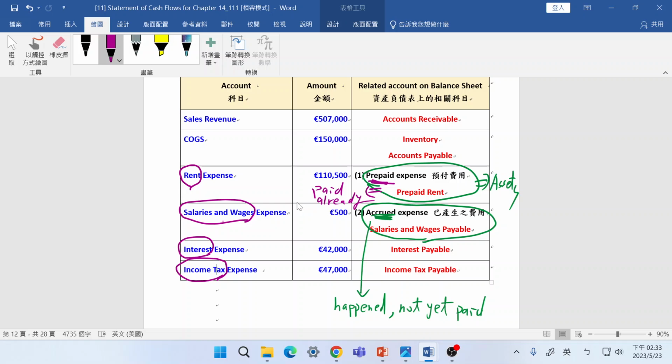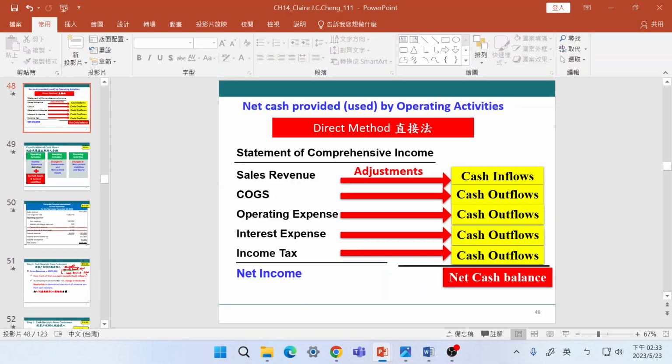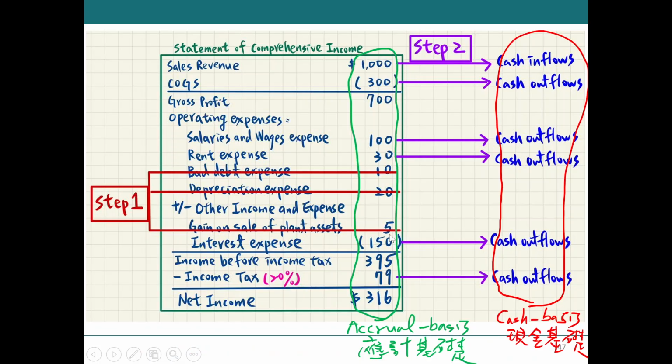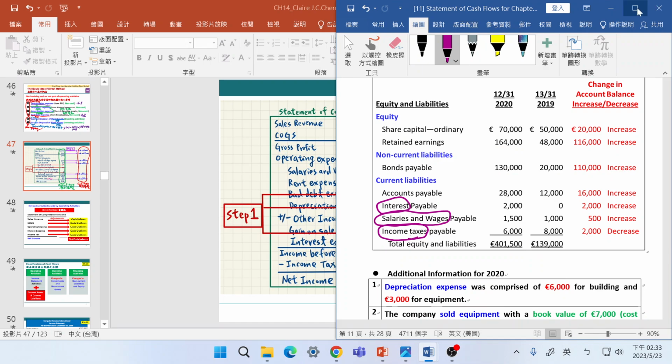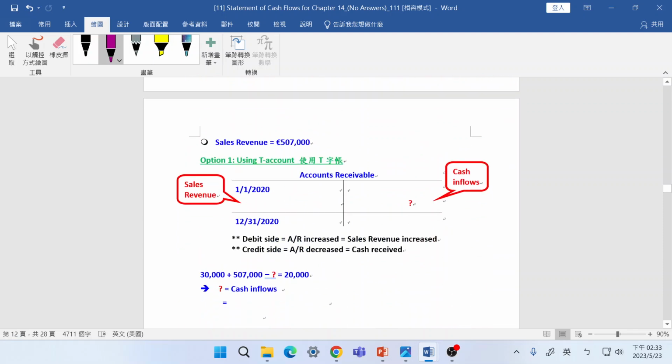Okay, based on this, right now we are going to do step 2. So what's step 2? In case you forgot, step 2 is what? Based on the remaining items, we try to convert it into cash right now, okay? So how to do that? Please go to your note, page 13.